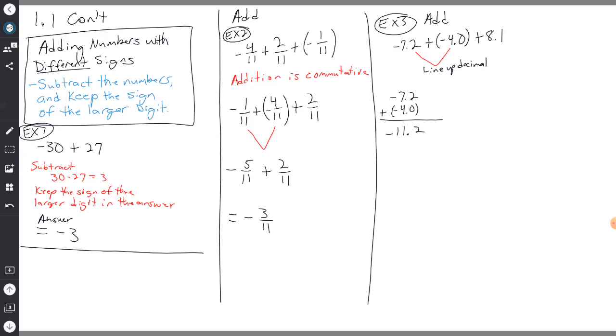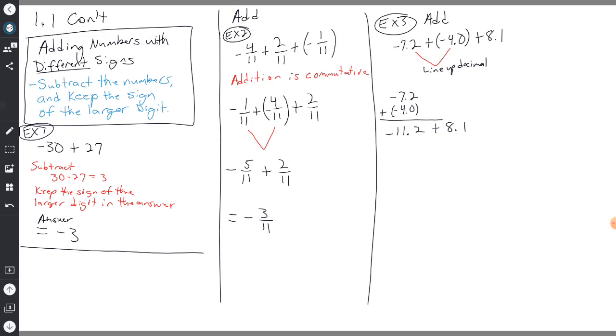Well, you count how many places it is to the end. So if we're multiplying one decimal times another decimal, we count how many places that first decimal is to move the decimal to the end, but we don't actually move it though. And then we count how many places the other one, and then your answer will be the total of decimal places that you will have to move back. All right, so here we add our plus 8.1.